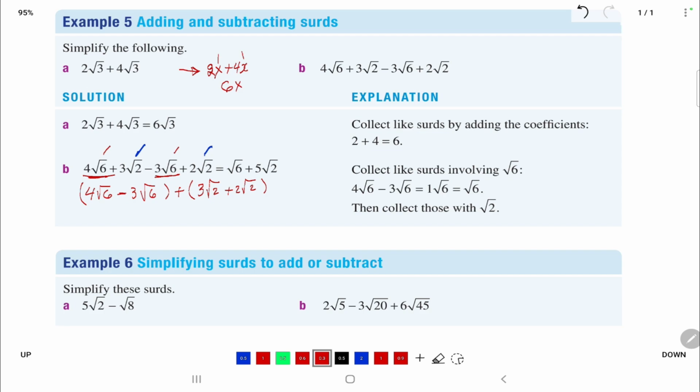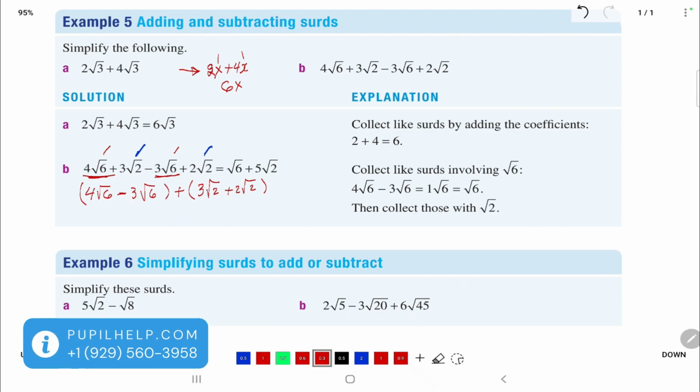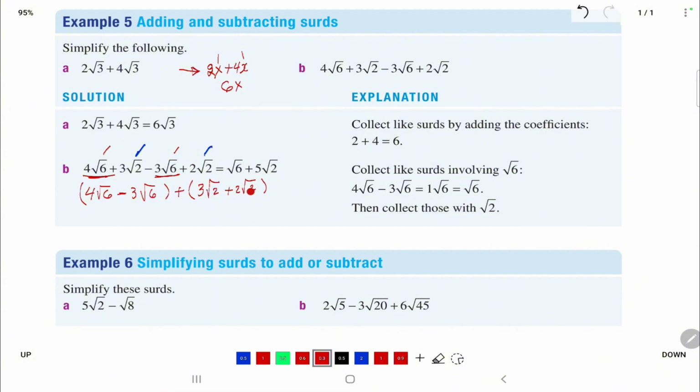So now, you see, why I collected these terms: because 6 and 6 under the square root are similar, and here 2 and 2 are similar. So 4 minus 3 is 1, 1 square root of 6.